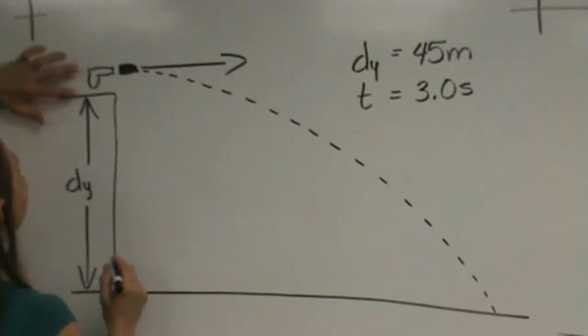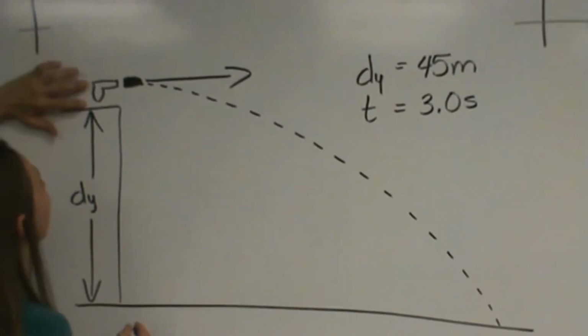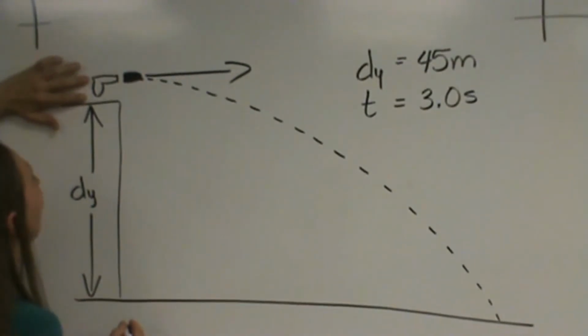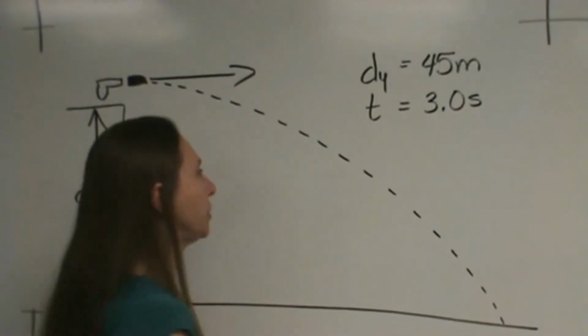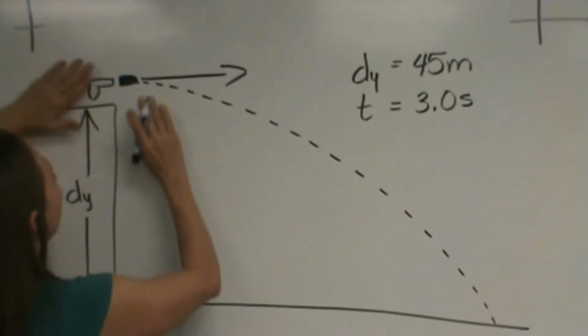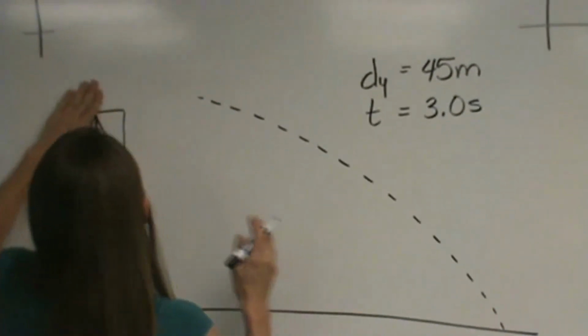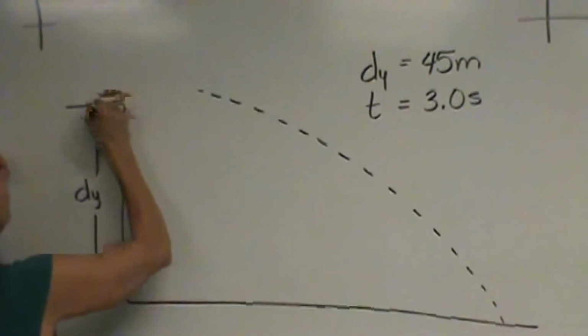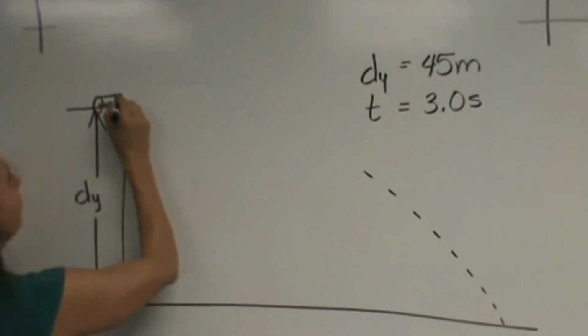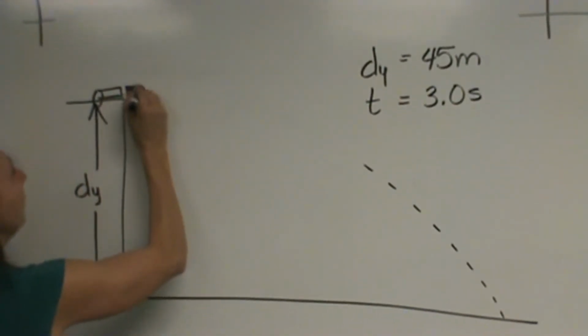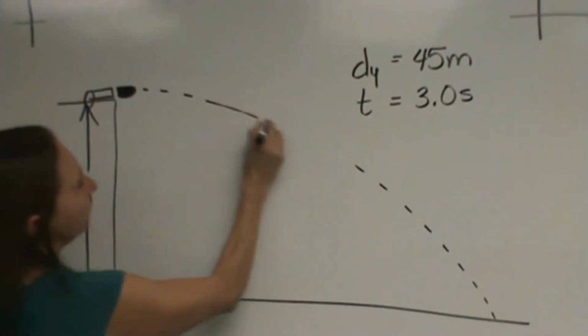Now, we're neglecting the height of the gun. We're just going to say that that's 45 meters. We're going to keep this problem simple. We're making believe that the gun is being fired right from the edge, right from the top at 45 meters right there. Let me just move that down. So it's exactly at 45 meters.